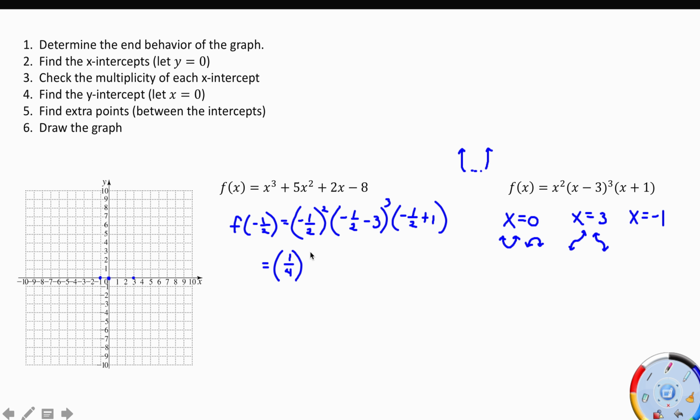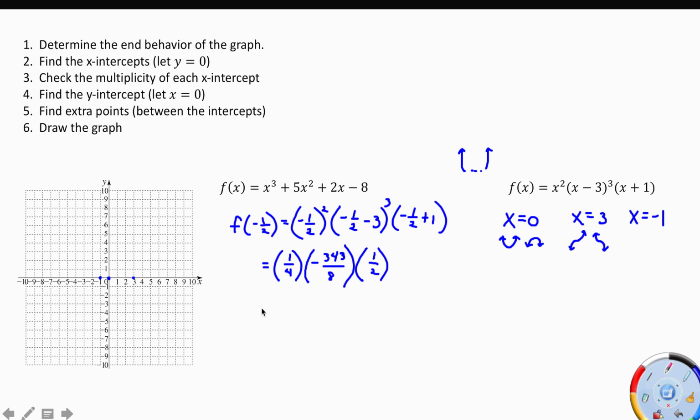Okay, this is going to be negative 3 minus 1/2, that's negative 3 1/2. Negative 7/2. So cubing it, it's still going to stay negative. 7 cubed is 343. 2 cubed is 8. And then 1 minus 1/2 is 1/2.